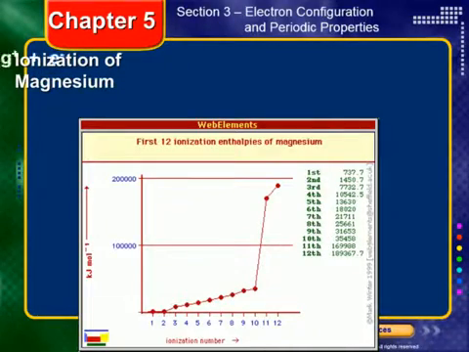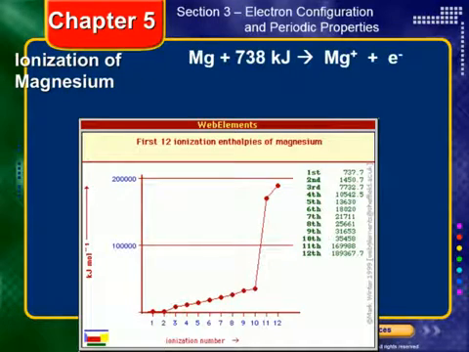So let's look at an example here. If we have magnesium and we add a certain amount of energy, for this particular example it's 738 kilojoules, we will remove an electron, and so we yield a positive magnesium ion and one electron, right? That electron that is leaving.